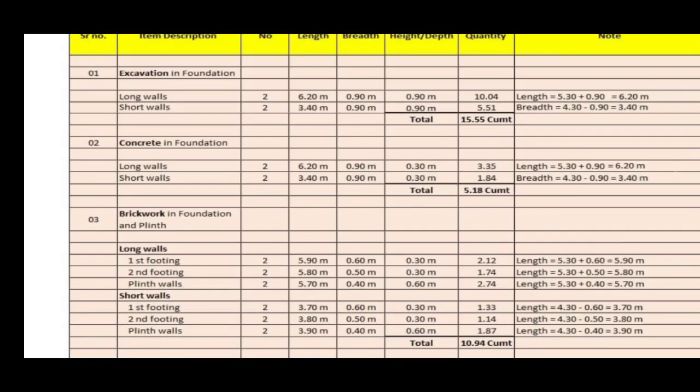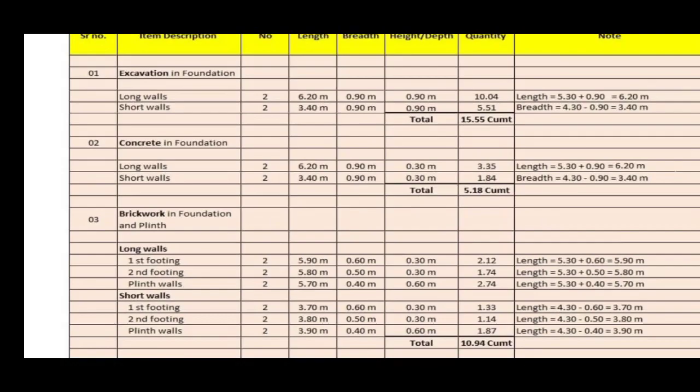For second step, the width is 0.5 meter and depth is 0.30 meter. The multiplication of these three dimensions gives the total quantity of brickwork for second step in long wall, which is 1.74 meter cube.